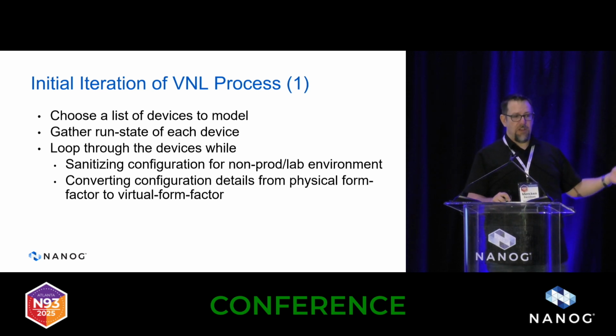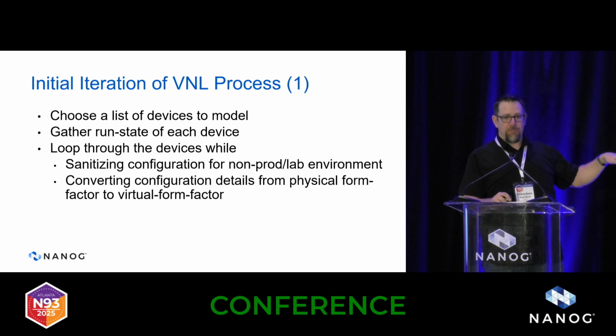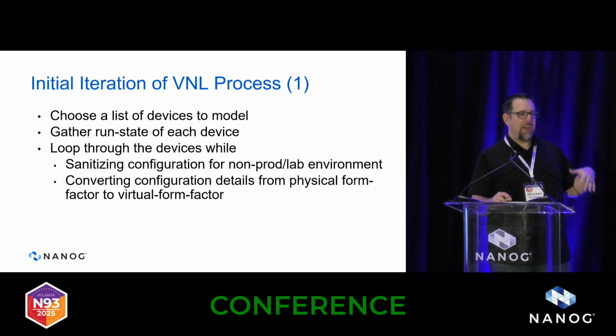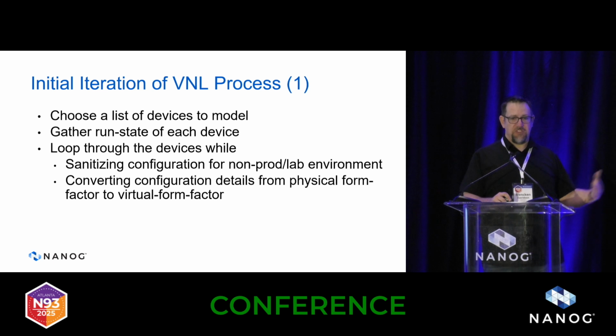Sanitize them in terms of getting rid of confidential data that we don't want leaving our production network, getting rid of OAM and P type stuff that we're not interested in modeling in the first place, and getting rid of hardware dependent stuff that at best would do nothing in the virtual network lab, and at worst would actually stop the virtual devices from running at all.